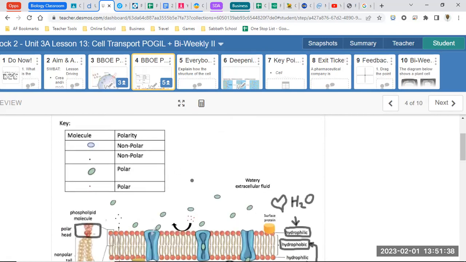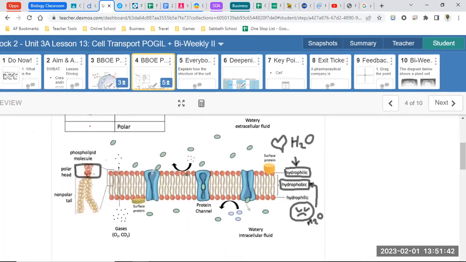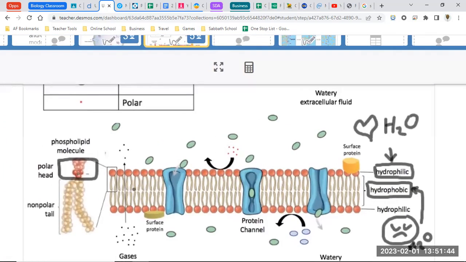Non-polar means that they don't have a charge. Polar means that they have a charge. We also found out that this phospholipid bilayer or the cell membrane has a head that is polar and a tail that is non-polar. The head is also hydrophilic and the tail is hydrophobic, which is to say that the head likes water and the tails do not like water.